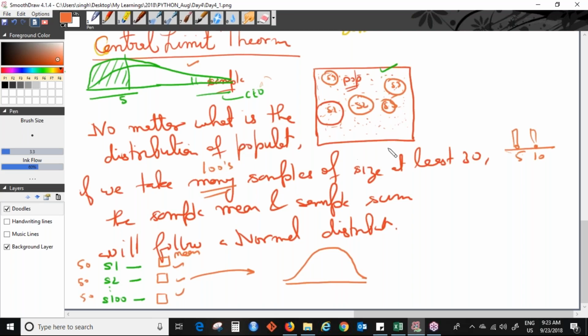At least 30. Okay, so Arpita, it says at least 30. You can take any number above 30. So I have taken 50 here.